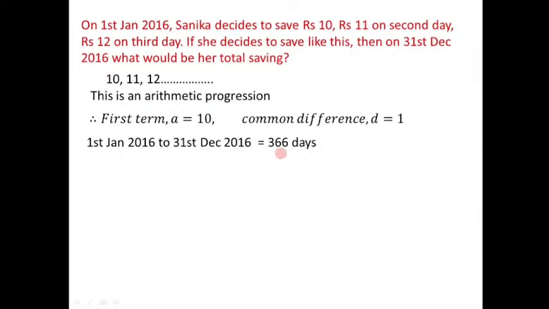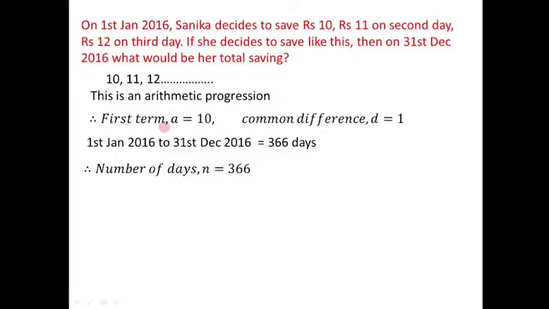And if it would not be a leap year, then the total number of days would be 365. But in this case, as 2016 is a leap year, the total number of days in that year is 366 days. So here we can take the number of days in that particular year, which is denoted by a letter n, is equal to 366.